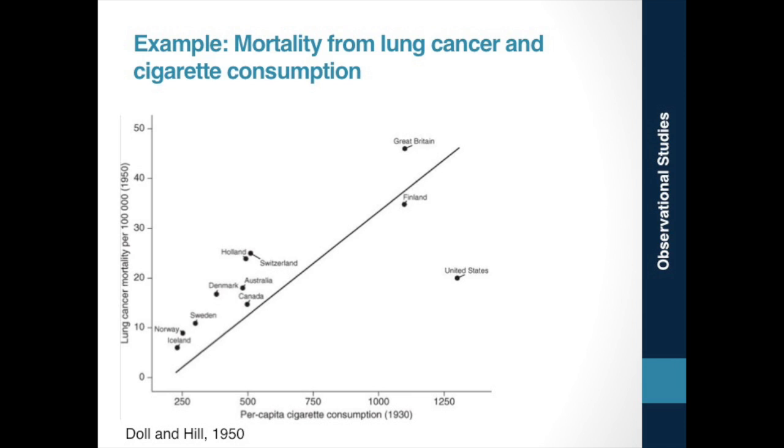The independent variable here is per capita cigarette consumption in each region in 1930, and the dependent variable is lung cancer mortality rate per 1,000 in the region in 1950. We can see in this ecological study a strong positive association between rates of cancer mortality and per capita cigarette consumption.